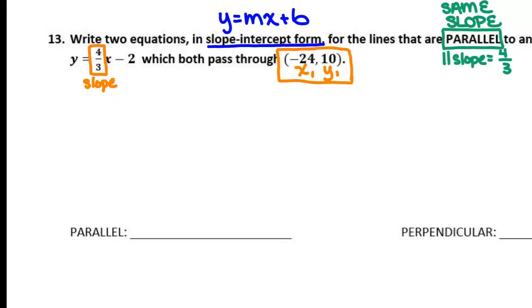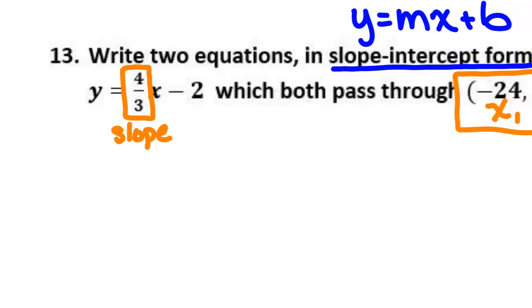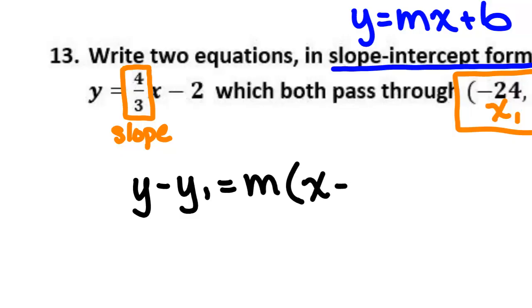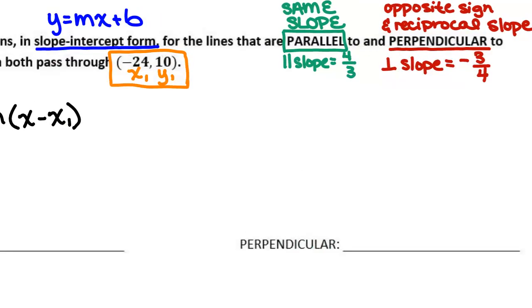Point slope form of a line is y minus y1 equals m, and then parentheses x minus x1. I will give you that formula on the test as well. We're going to use that same formula twice, once for our parallel line and once for our perpendicular line.